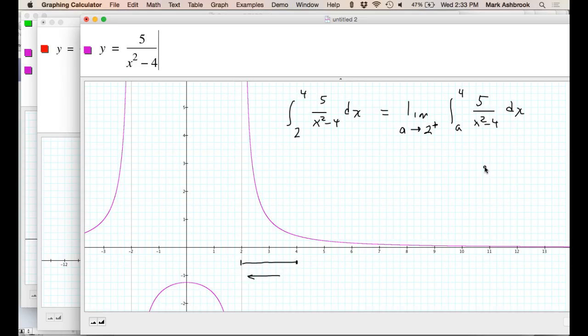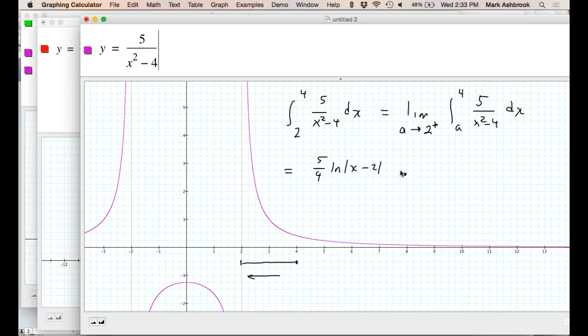So we've got this infinite situation at 2. That's where we need a limit, right? So instead of 2, we'll put a, and then we'll take the limit as a gets close to 2, coming from the right side. That's what that little plus means, coming from values greater than 2. Okay, and so then we've got our antiderivative already, right? That was 5/4, see if I can remember, ln of minus or plus?